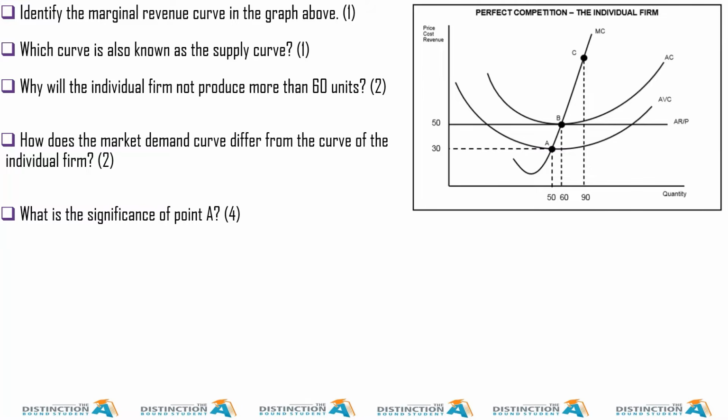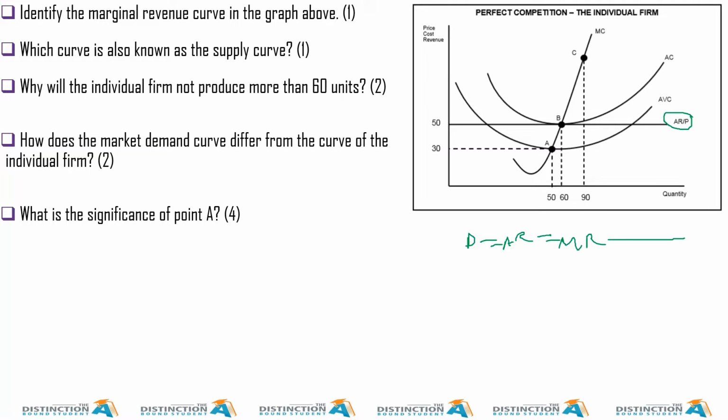Question number 1, identify the marginal revenue curve in the graph above. We always say D is equal to AR, which is equal to MR, and it's that horizontal demand curve. In this case, you see this one here, but it's labeled AR/P.